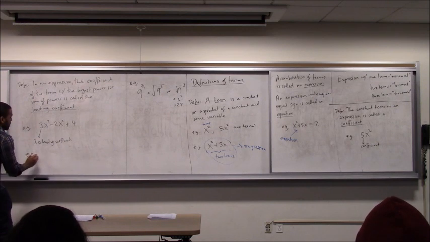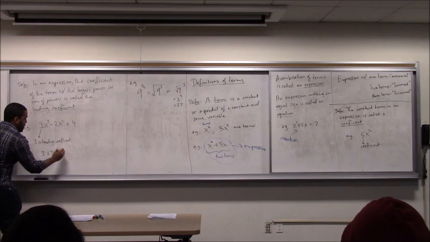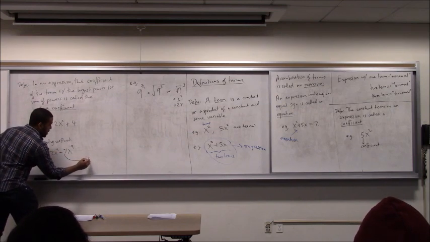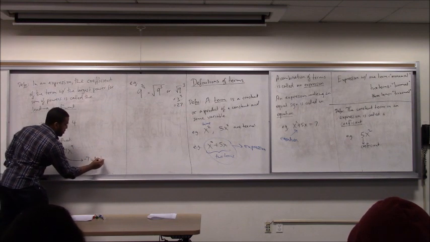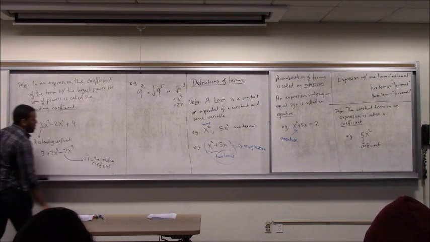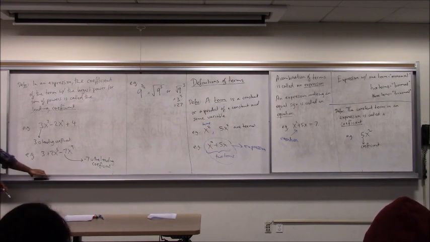If I had 3 plus 2x cubed minus 7x to the 9th, minus 7 is the leading coefficient. It doesn't have to be in the front. It's just the constant that's attached to the term with the highest power. We call that the leading coefficient. It can show up in any location.